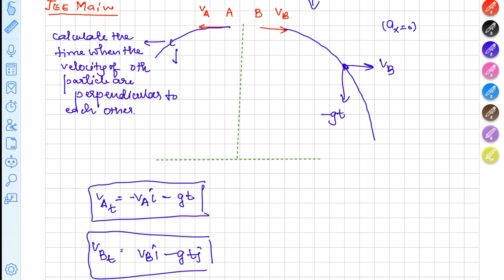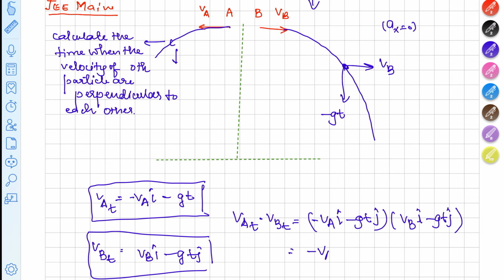Now what we have to do is take the dot product of these two velocities: minus VA i cap minus gt j cap dotted with VB i cap minus gt j cap.